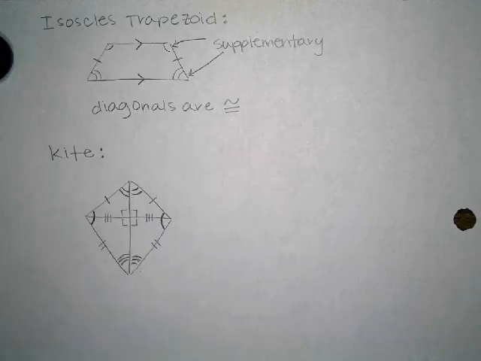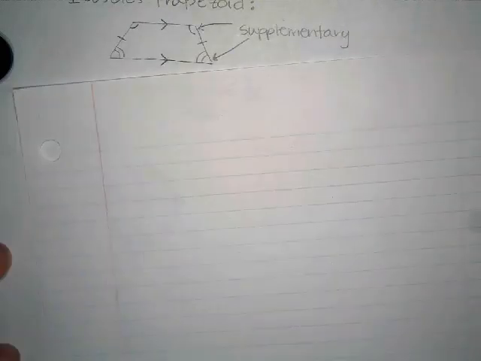EFGH. Okay, so remind me, if it says EFGH, what do we have to be careful of when we draw it? Yeah, we make sure we don't go left to right. We start at 1, go clockwise.